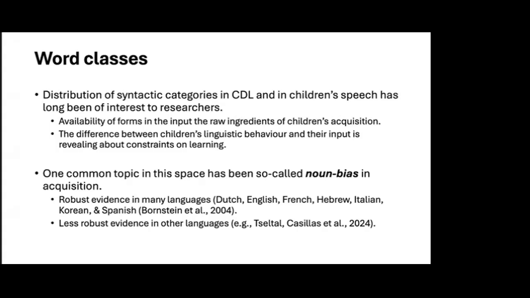But as the field has diversified the languages it has looked at, there's less robust evidence in other languages for this noun bias. One recent one is from Marisa Casillas and her work on Tseltal, and there has been prominent debate over the years too in Mandarin and languages like Korean and Japanese as to whether or not there is a noun bias as well.